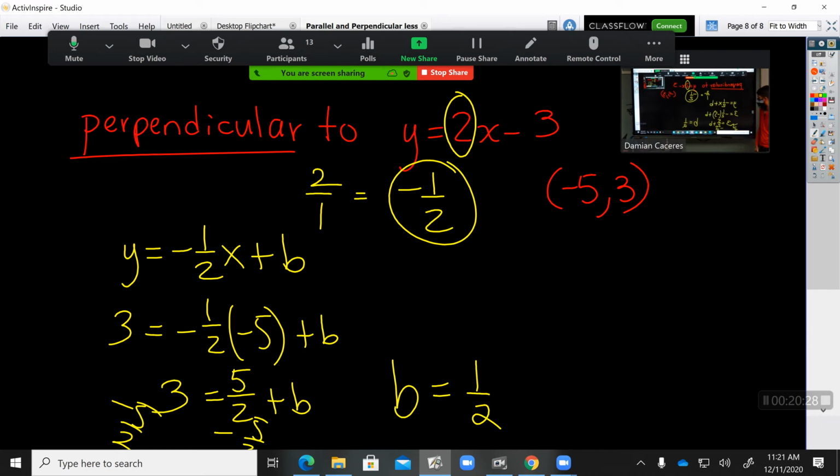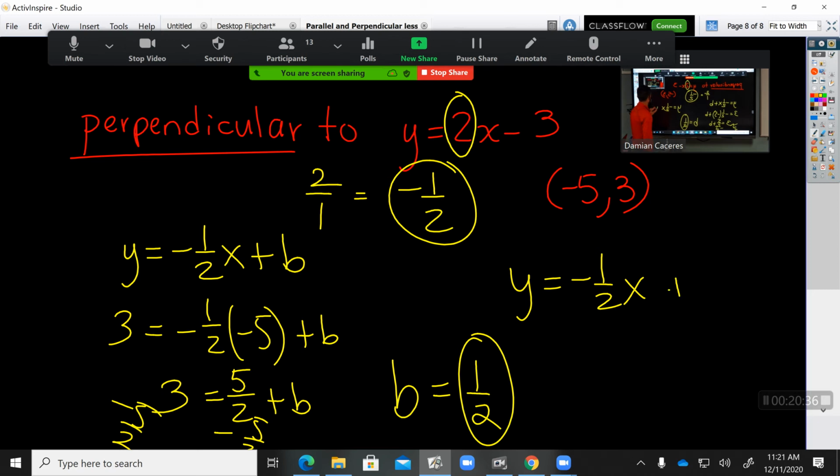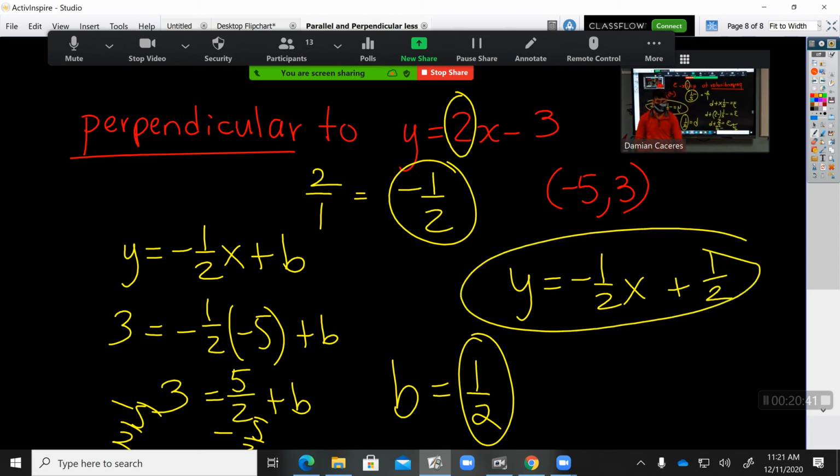But you can do it in the calculator. And now my new equation is going to be y equals negative 1 over 2x because it's perpendicular, and my new y-intercept. Any questions on this one?